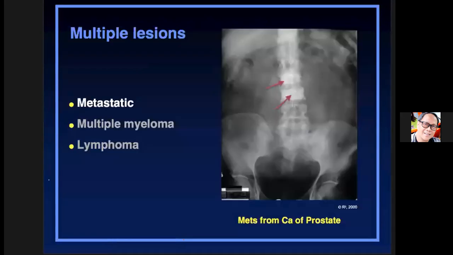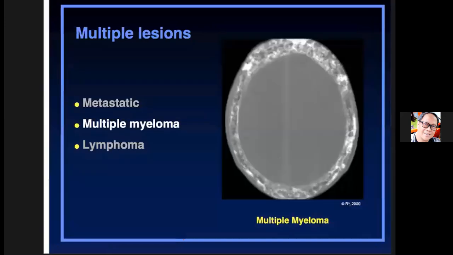So yeah, these are again examples of metastatic lesions from prostate carcinoma. Again, like I said earlier, the metastatic lesions with the primary coming from the prostate tend to metastasize to the lumbar spine. So this is multiple myeloma. Again, another name is round cell tumor.